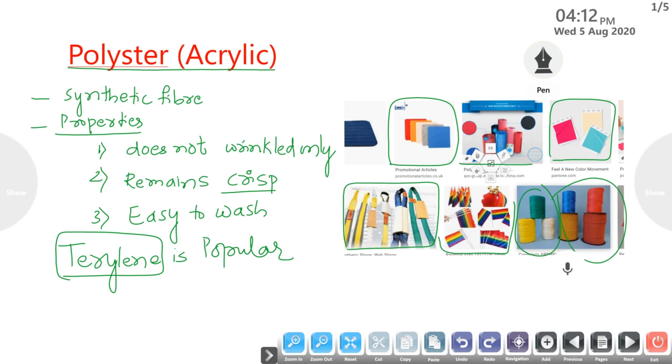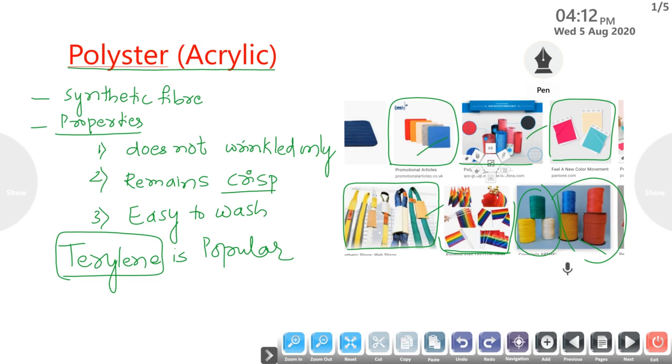So in our daily life we are using so many synthetic fibers made of polyester. Just observe here the uses of polyester in the preparation of flags and cloths, ties, foot mats and special tags which are used in the preparation of cloths or fabrics.